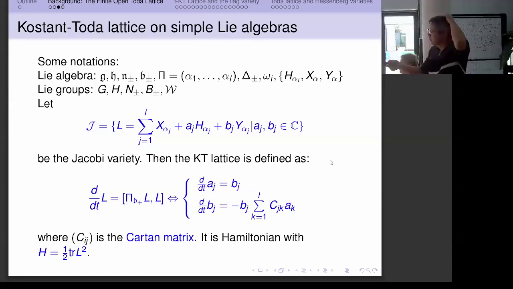You know that a simple Lie algebra is determined uniquely up to isomorphism by its Cartan matrix. That means the Toda system already contains the information of the Lie algebra, and we will show this is the case. And this Hamiltonian also has a very simple form: it's just one half of the trace of L squared. Okay.